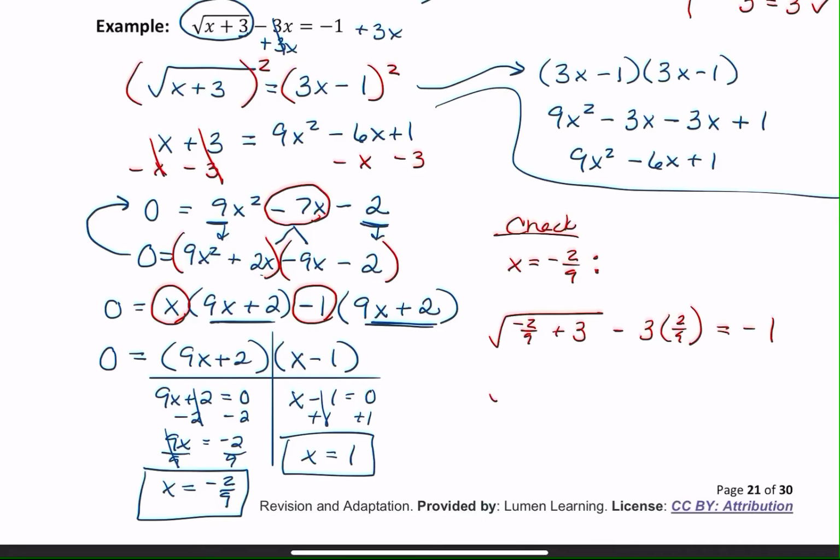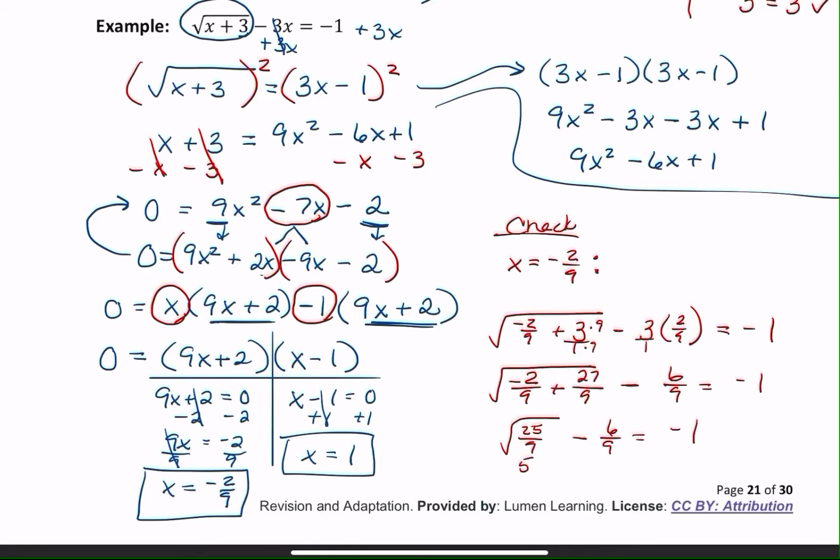But if I change my 3 into, get a common denominator, I've got to multiply both top and bottom by 9. So I'll have 27/9 minus, this will be 6/9. You just multiply across. This will give me 25/9 minus 6/9.